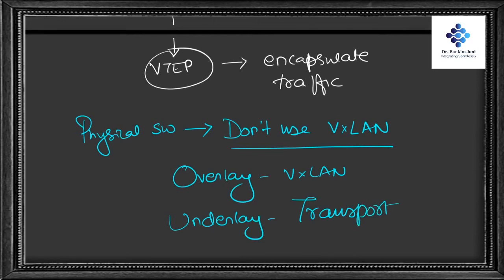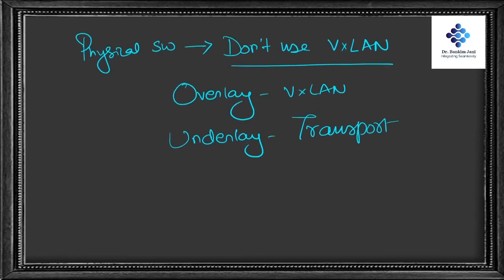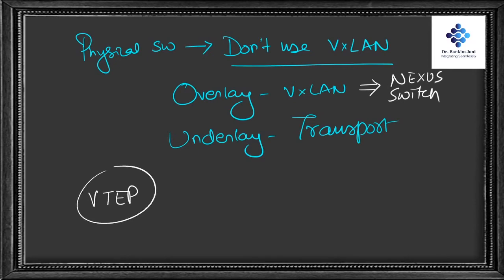Say for example, when we say VxLAN, where we can run it, we can run it on, say, Nexus switch, right? Nexus switch. So when we are running VxLANs on these Nexus switches, one more thing, our VTAPs are nothing but VxLAN gateway.